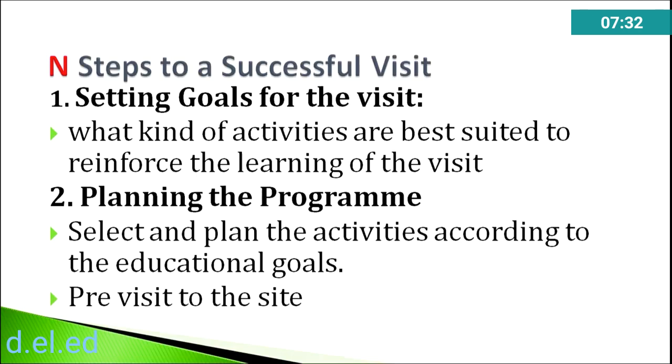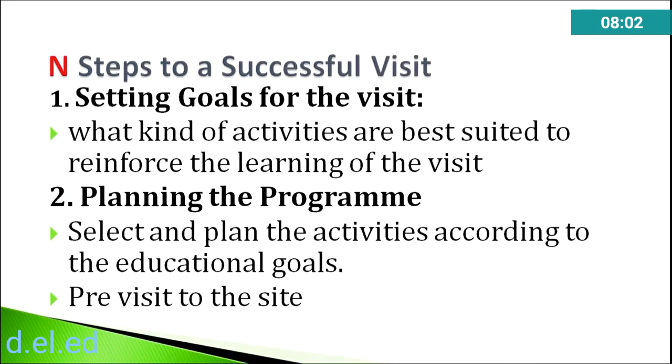The goals are determined by your educational objectives. For example, if you want students to learn about plants, then you can arrange a field visit to a nearby garden or to the school garden. Then, after deciding the site, you have to think about what kind of activities will be arranged at that field visit site.